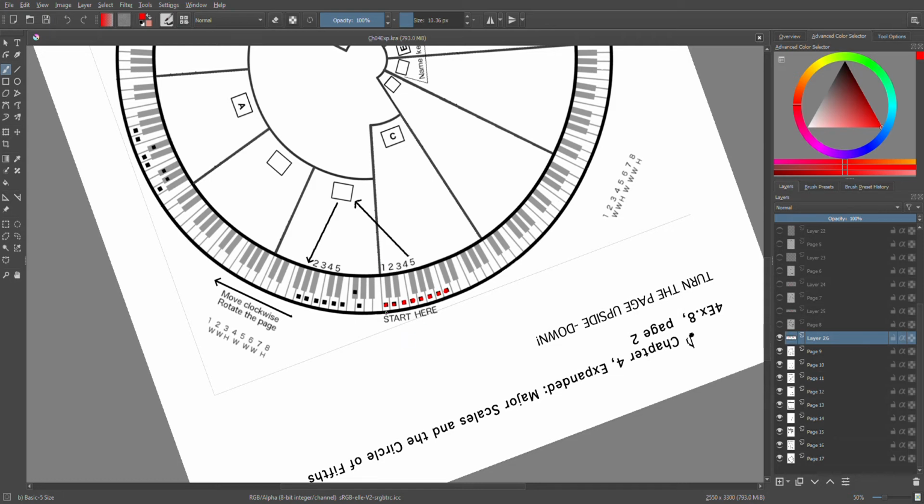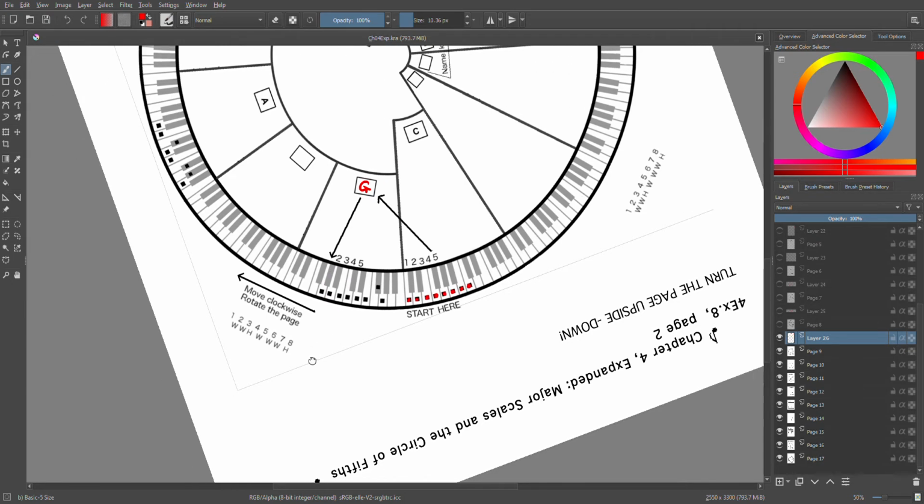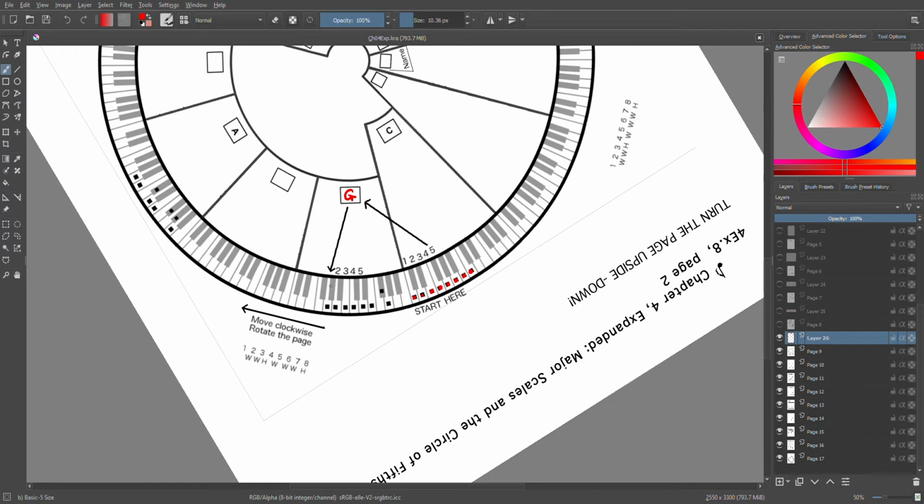Now let's look at scale degree 5. 1, 2, 3, 4, 5 is on G. So we're going to put a G in there. Now that means we're going to start on G. Remember, whole, whole, half, whole, whole, whole, half. Here's G. Whole, whole, half, whole, whole, whole, half.